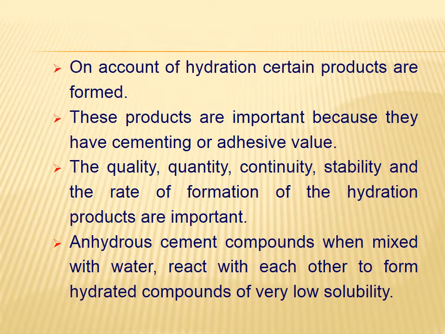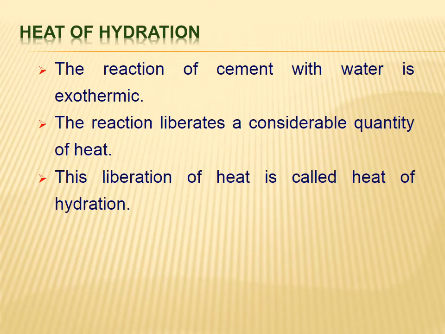The hydration process determines the quality, quantity, continuity, stability, and rate of formation. Heat of hydration: the reaction of cement and water is exothermic. It liberates heat. The heat is called the heat of hydration.